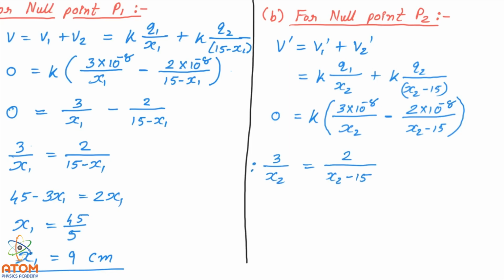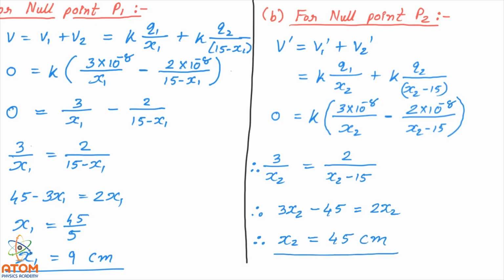And so now we can take a cross multiplication and can write 3x2 minus 45 is equal to 2x2. And simplifying this, we will get x2 is equal to 45 centimeter. So here is our second answer, that means the distance of the second null point.